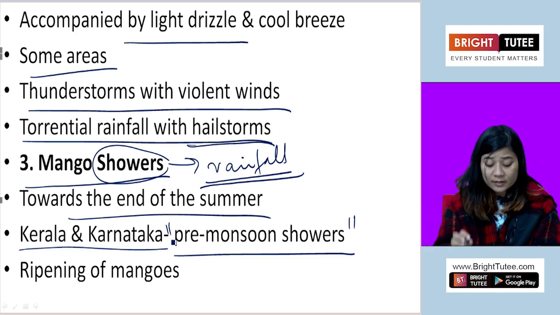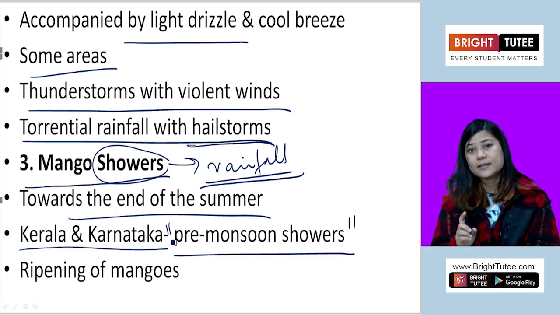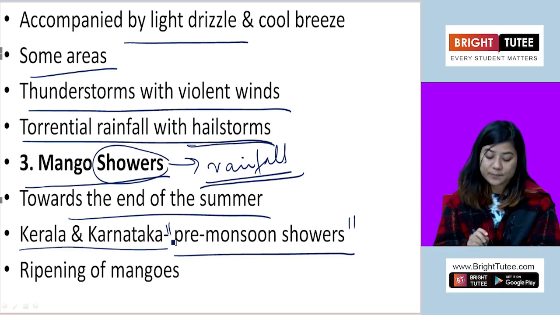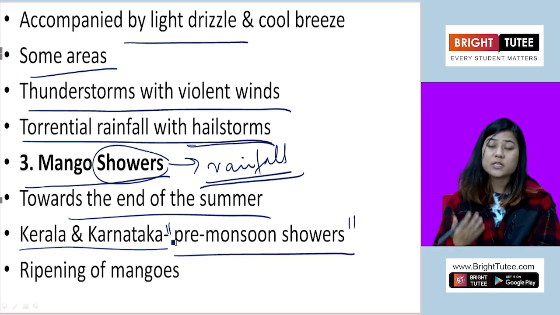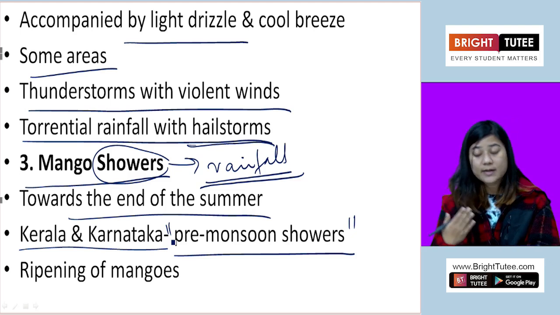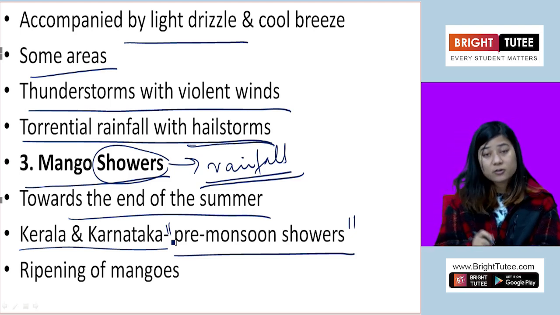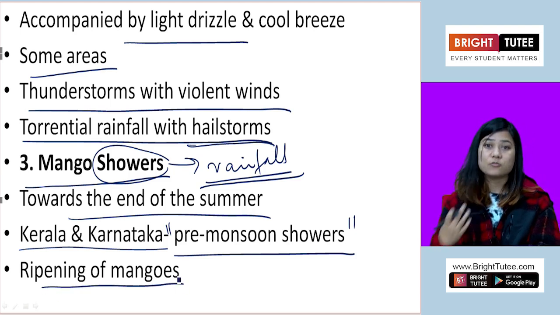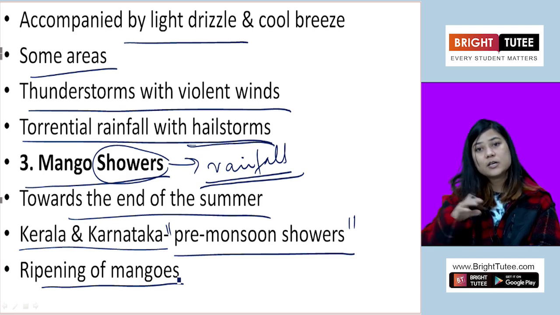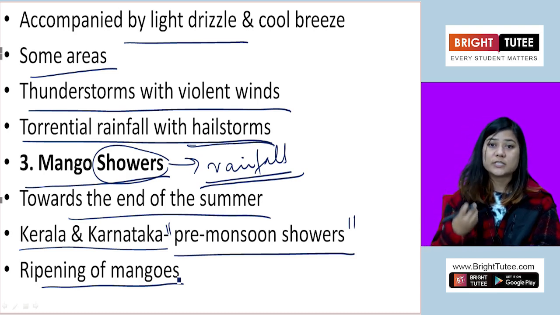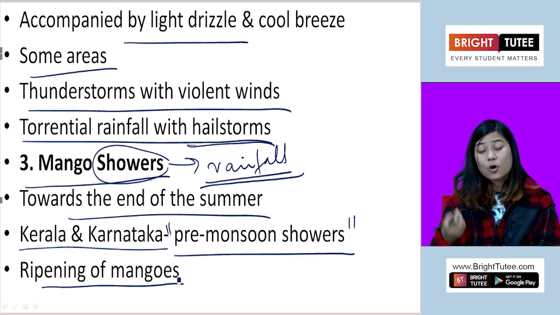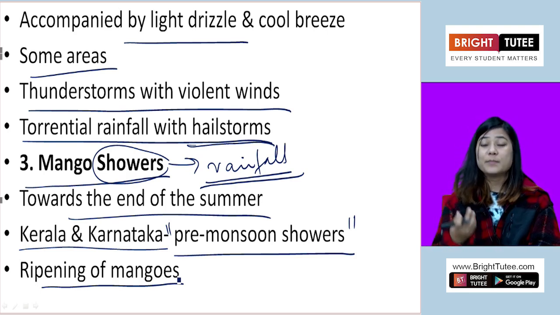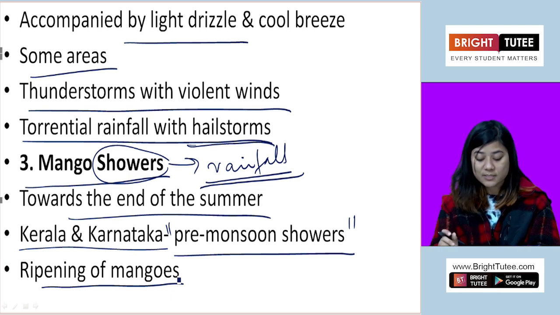Again, just like Kalbaisakhi in West Bengal, this shower is very important for Kerala and Karnataka. Why? Because they grow mangoes, and for the ripening of the mangoes, this shower plays a big role. Without the showers, the ripening of the mangoes does not take place properly. So with the shower, the mangoes ripen and they have a good harvest.